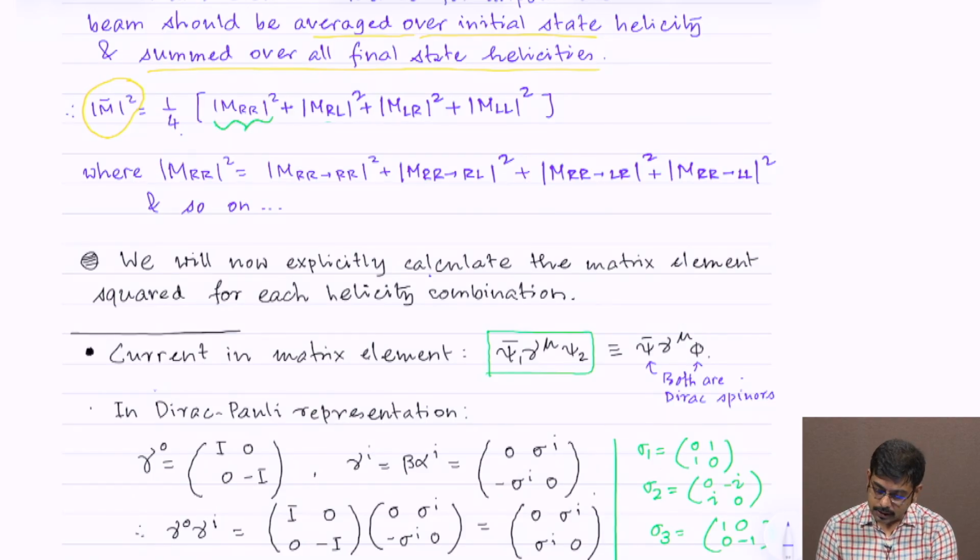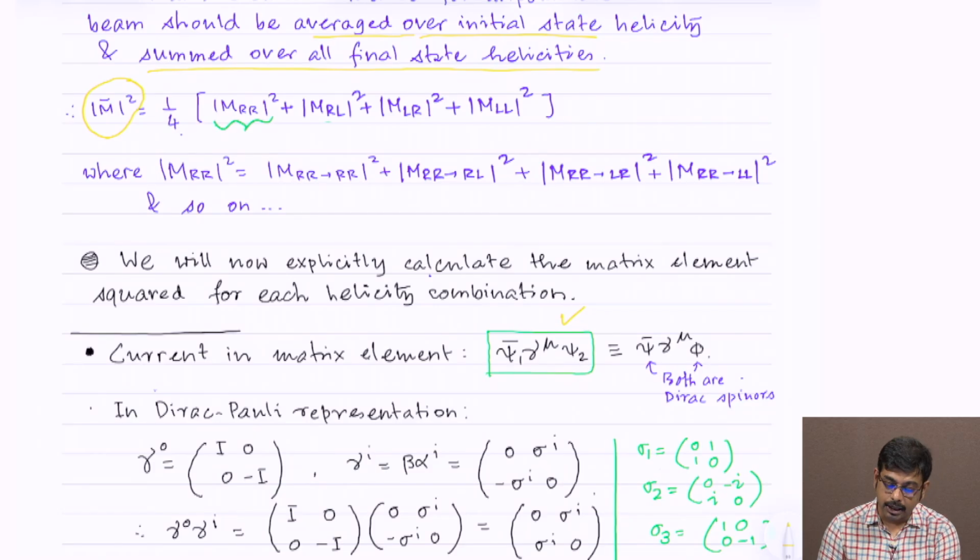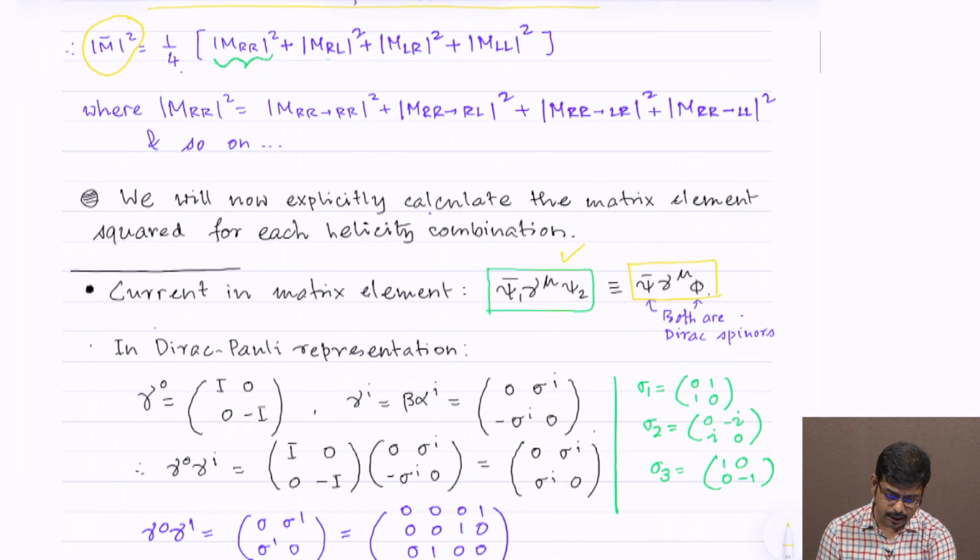This is what is usually referred to as a vector current, right. QED provides you only the vector current interaction like psi bar gamma mu psi. I can denote it like psi bar gamma mu phi, say for example. But this phi, remember, is not a scalar, but is also a Dirac spinor.